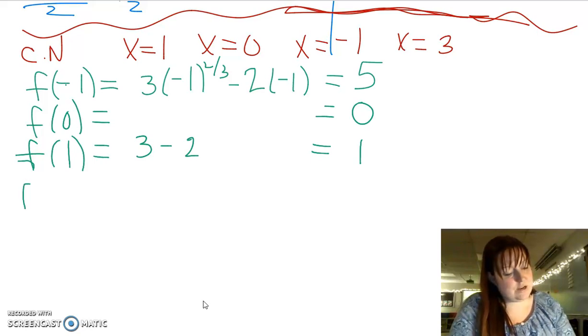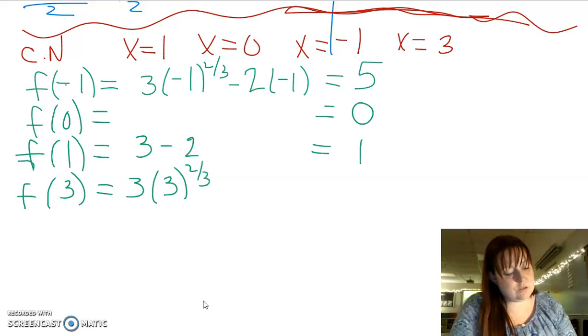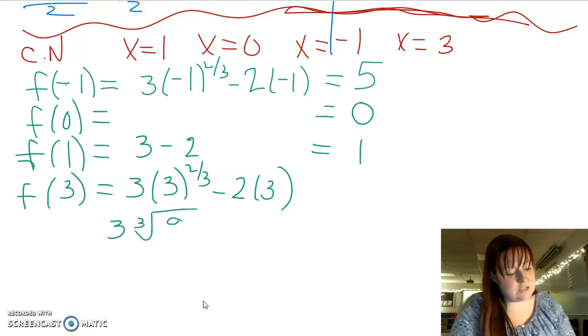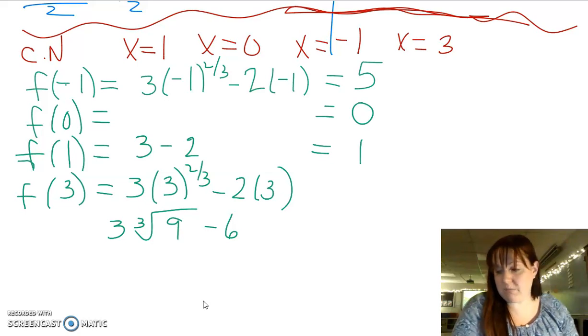And at the endpoint 3, we have 3 times 3 to the 2/3, minus 2 times 3. Well, 3 squared is 9, and the cube root of 9 is not a nice, easy, pretty number. So we have 3 times the cube root of 9 minus 6.